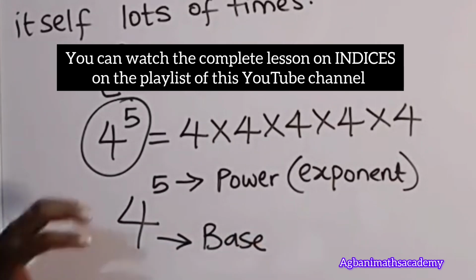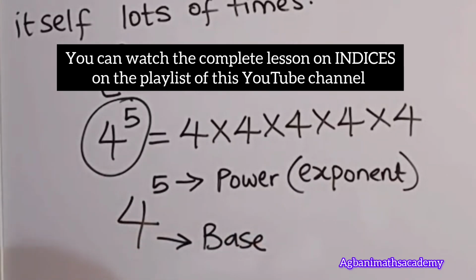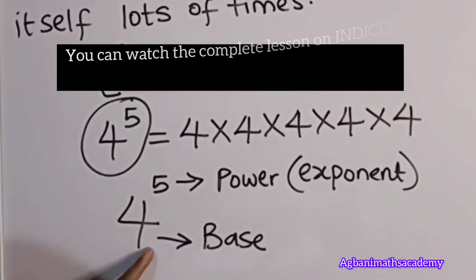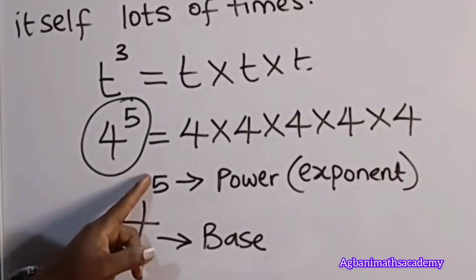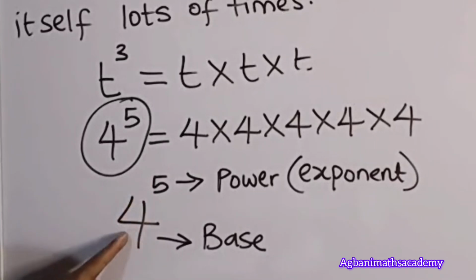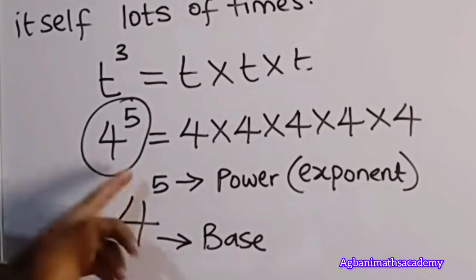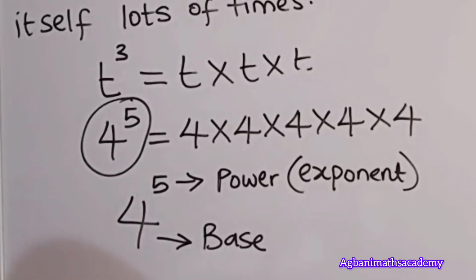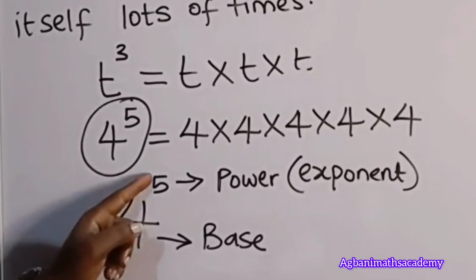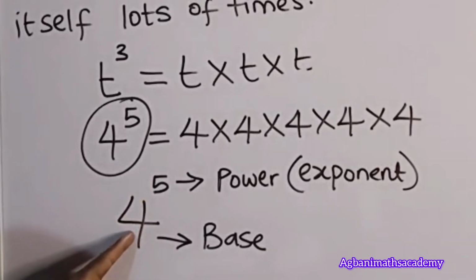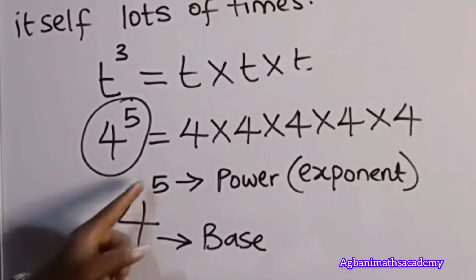So an index number is made up of two numbers, the base and the power or exponent. The base is the number that is multiplying itself. The exponent shows how many times the base is multiplying itself. So 4 to the power of 5 means 4 is multiplying itself 5 times.